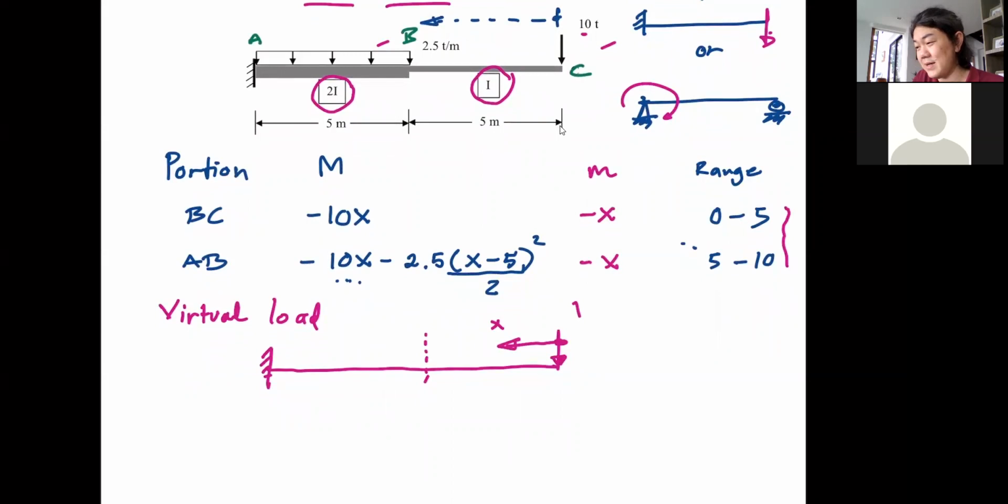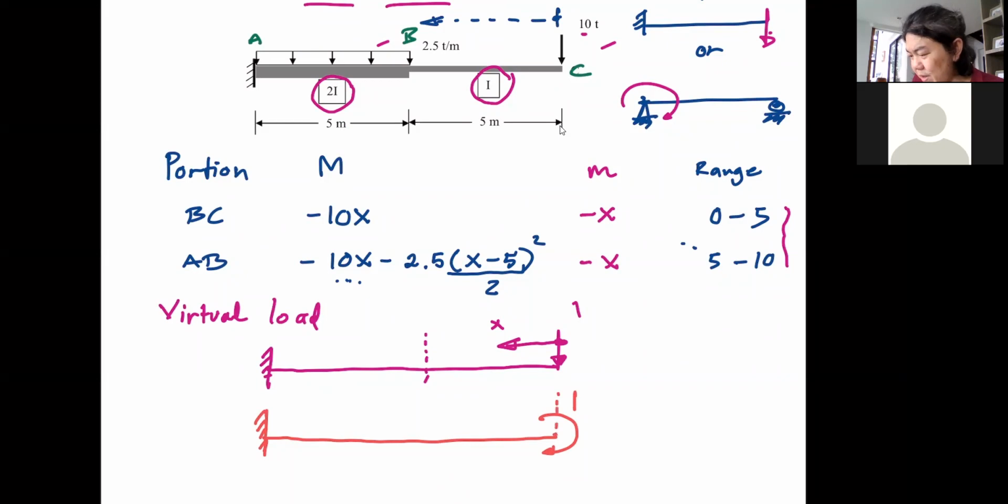But I can squeeze in another case where, let's change color. If I want to know the rotation at C, it's the same beam now. But this time I will apply the unit moment instead. And look at this.